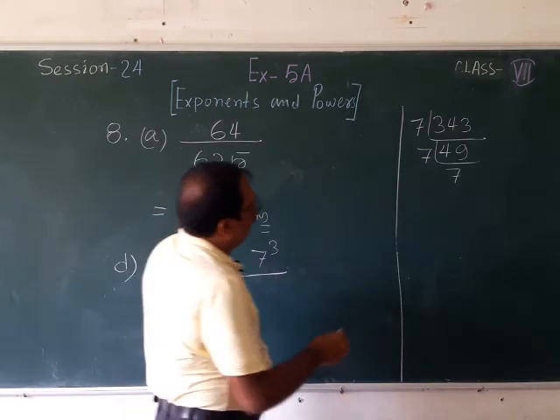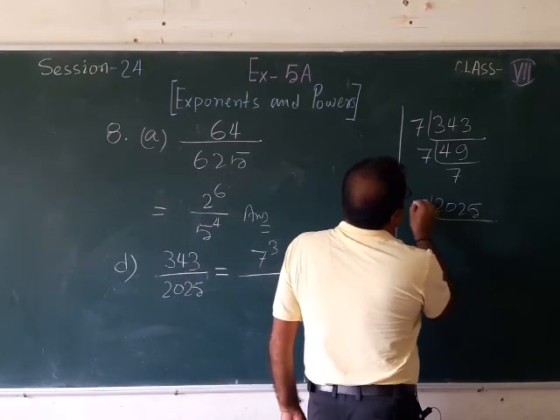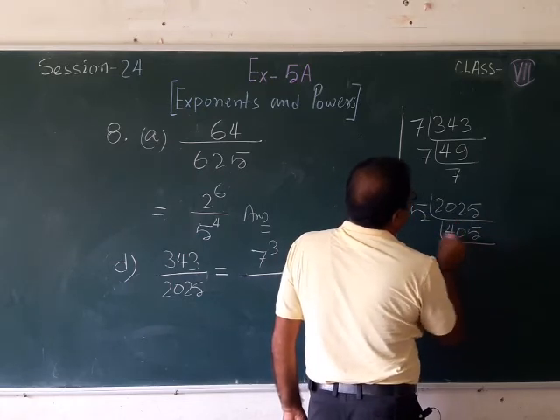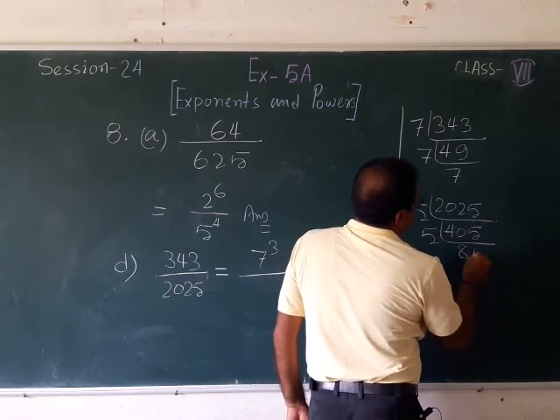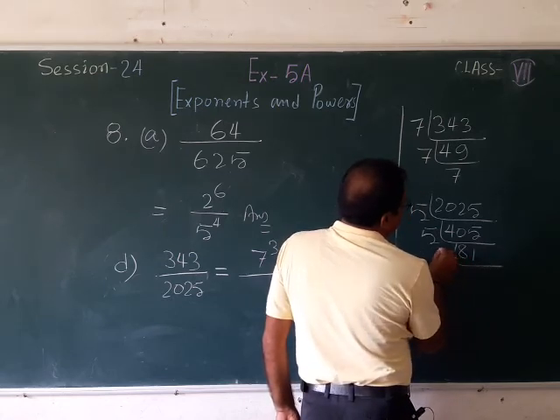Then 2025 is there. I can divide by 5: 5 4s are 20 and 5 5s are 25. Again by 5, then again. Again 3 can divide this number.